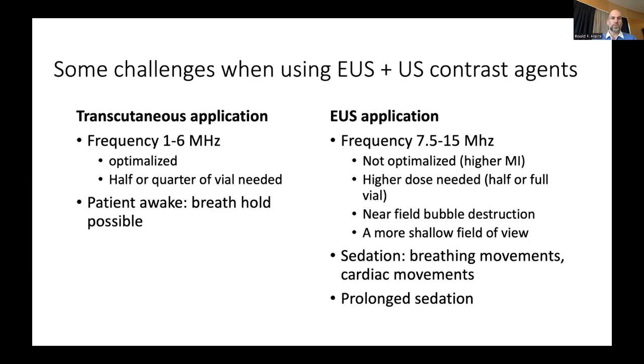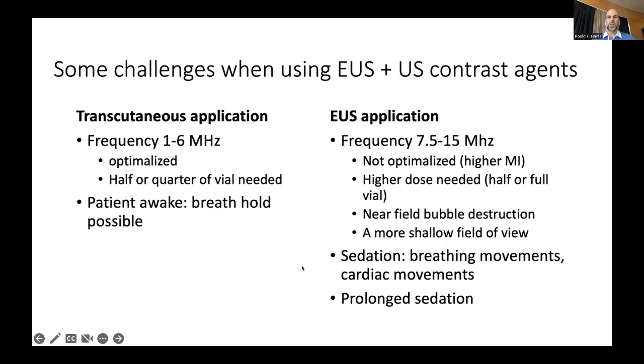And of course, we use the second harmonic frequency when we listen to the signals from the bubbles. And very often we can use half or only a quarter of a vial intravenously and have a very good examination with external ultrasound. And the patient is awake. We can induce breath hold and we can reduce movement if we need that.